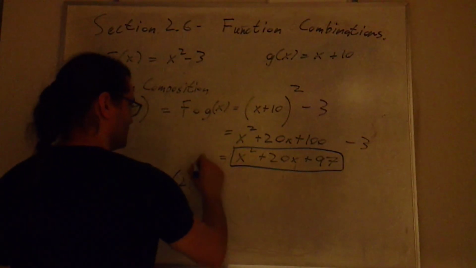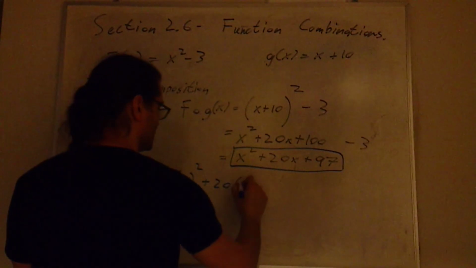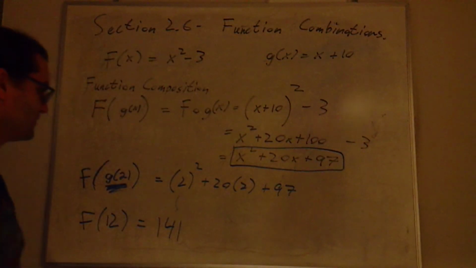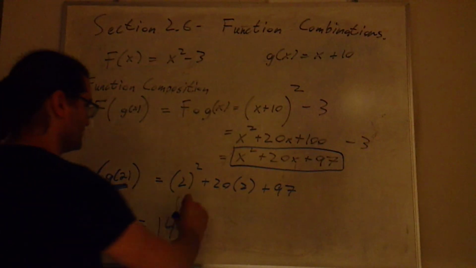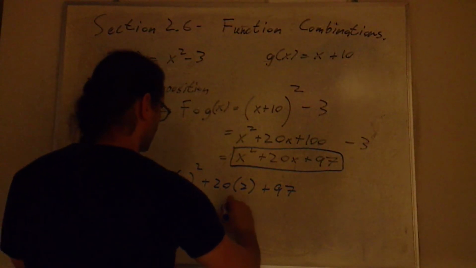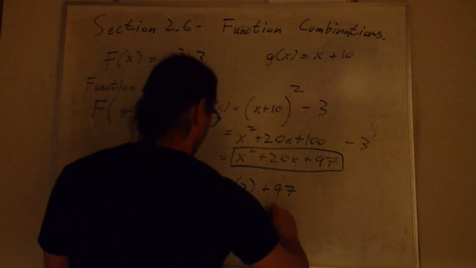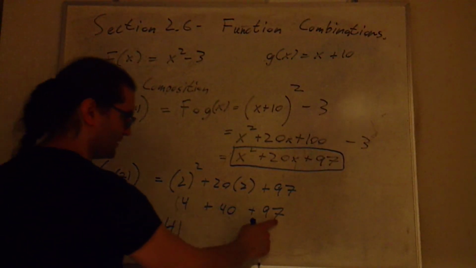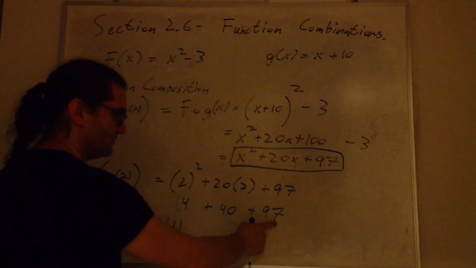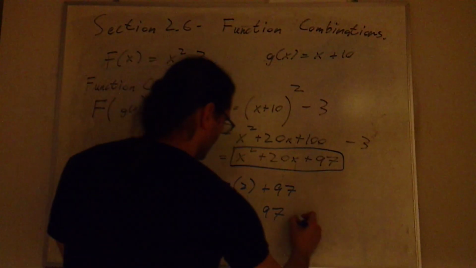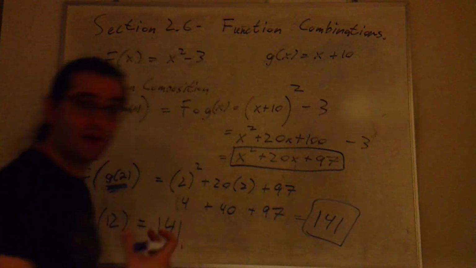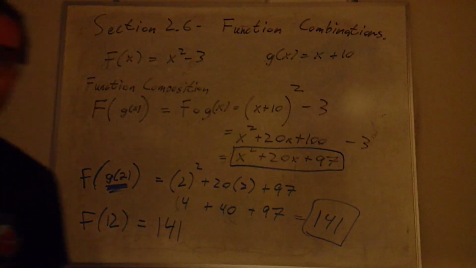That would give me 2 squared plus 20 times 2 plus 97. So let's see what this works out to be. This will be 4 plus 40 plus 97. The 4 and the 97 should give you 101. And the 40 should give you 141. So either way you do it, you should be getting the same answer.